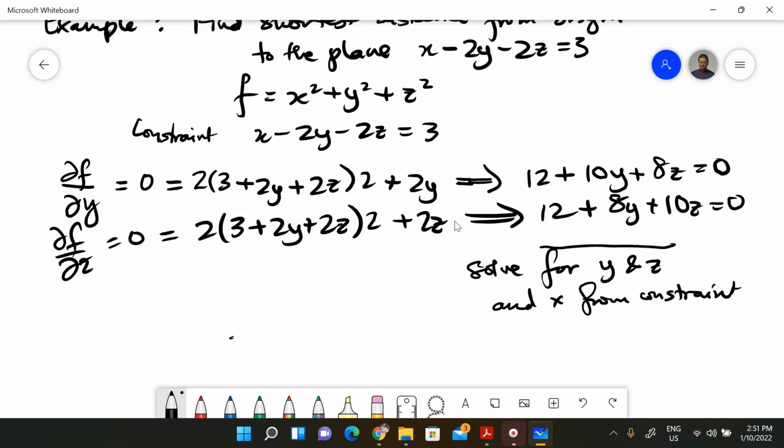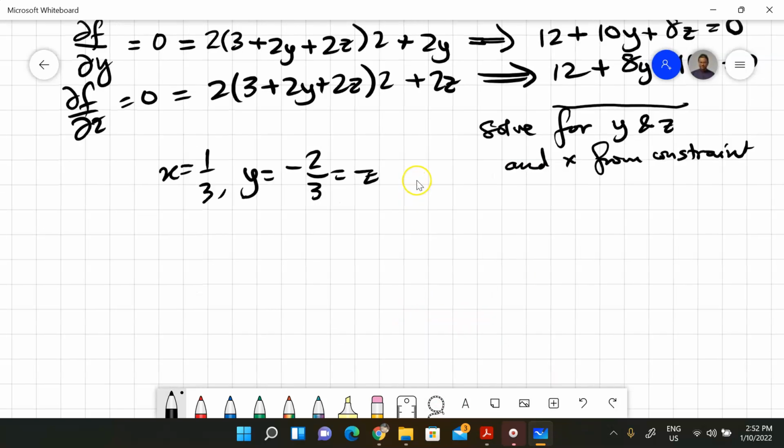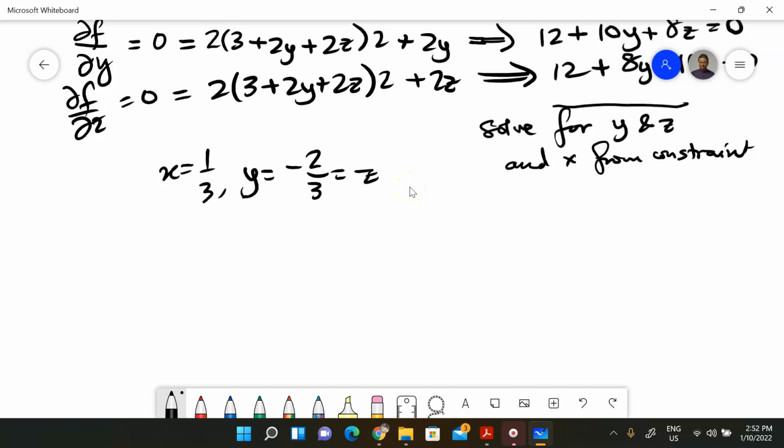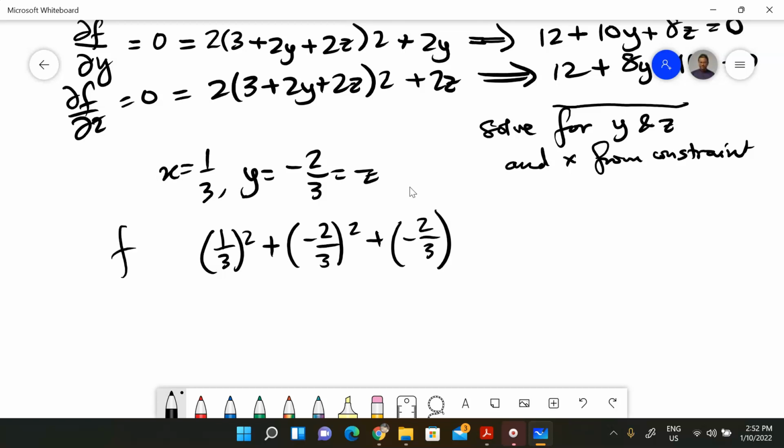Your x is equal to 1/3, y and z have the same value, which is minus 2/3, and hence your squared distance will be the following: 1/3 squared plus minus 2/3 squared plus minus 2/3 squared. So this is your f, and that gives you equals 1.